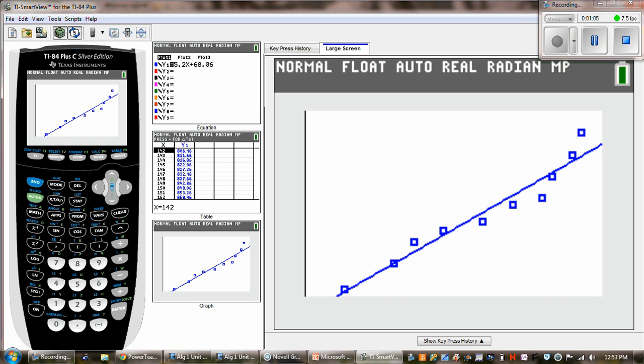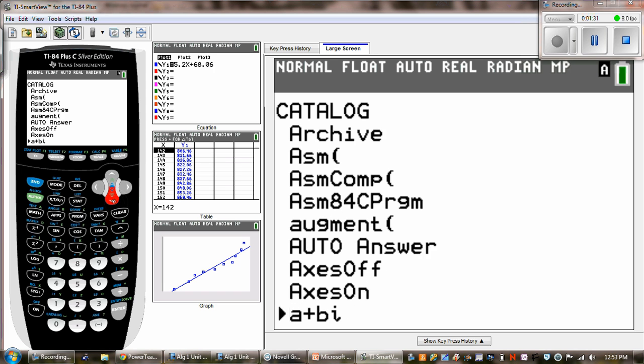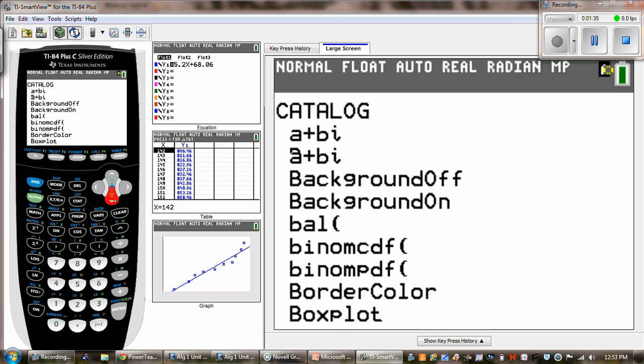So what I'm going to do is hit the second button and then hit 0, which is the bottom left, and it brings up the catalog. What we need to do is use our arrows to find the diagnostics. These are all in alphabetical order, so we're going to be going down for a little bit.